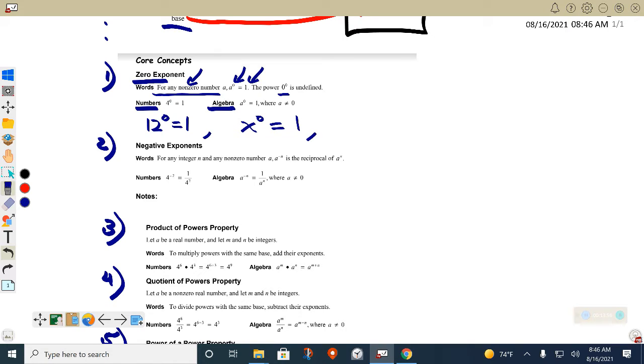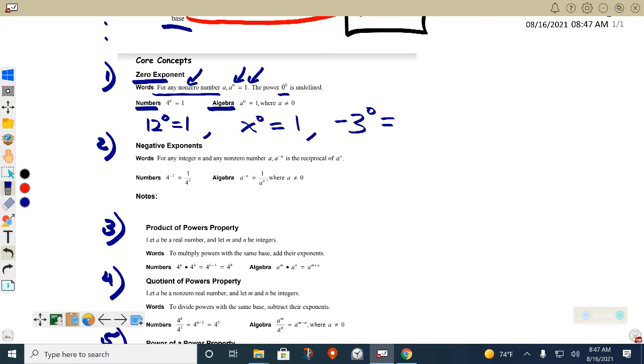De La Rocha, give me the first negative number that comes to your mind. Negative 3. Negative 3 to the 0 power. Is negative 3 a non-zero number? Is negative 3 not 0?